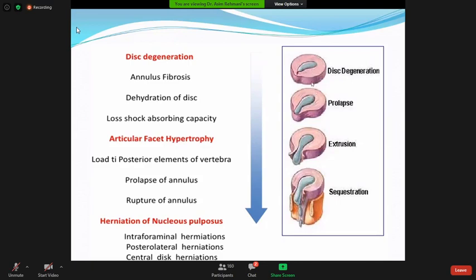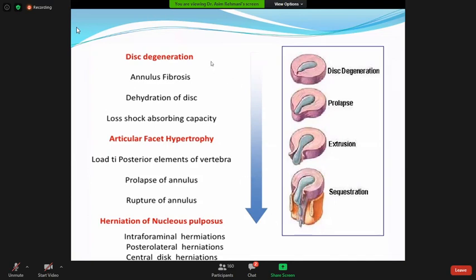This process proceeds further to prolapse of the nucleus into the weakened part of the annulus fibrosus that may lead to further herniation or extrusion of the nucleus outside the disc. In some instances, these disc fragments can go outside the annulus and can impact within the passages of the spinal nerves or nerve roots.